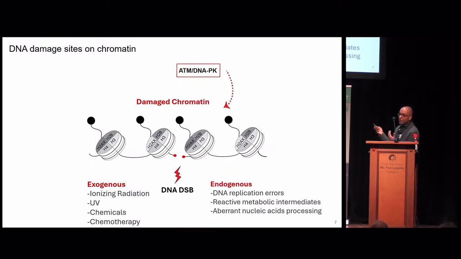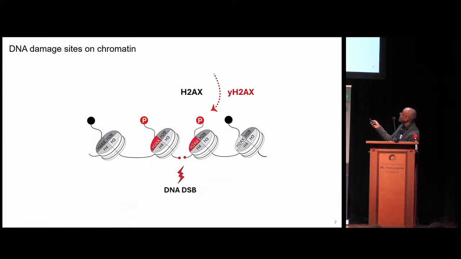For example, lots of double-strand breaks arise during DNA replication. So upon a double-strand break, this histone variant is phosphorylated by specialized kinases, as you see here. And the name of the phosphorylated version of this histone variant is gamma H2AX.